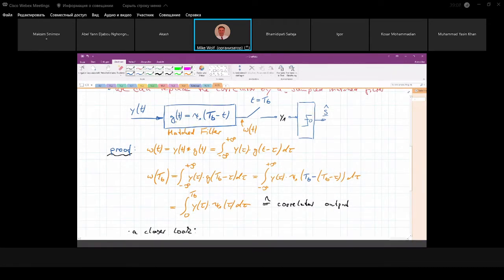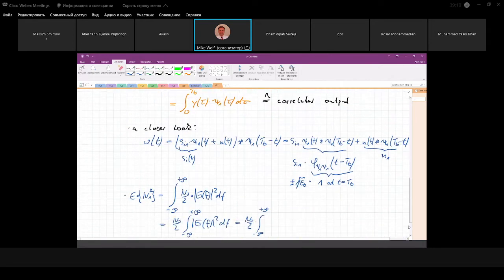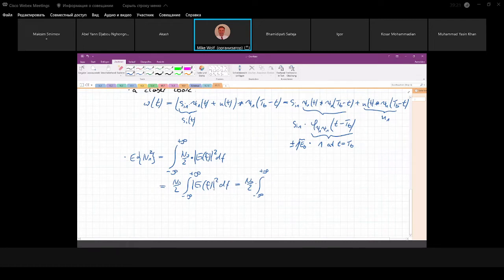So the transfer function is basically, if we would say g(t) is c1 of minus t, then it would be G of f complex conjugated. But this complex conjugation doesn't matter, because we are only interested in the magnitude squared. The time shift only changes the phase in the frequency domain. So all of these things have no impact. So we could say this is the same as this. It's exactly the same.